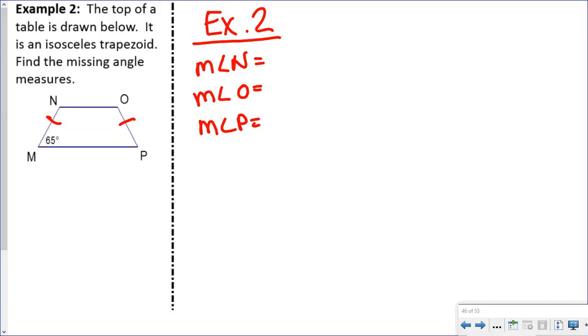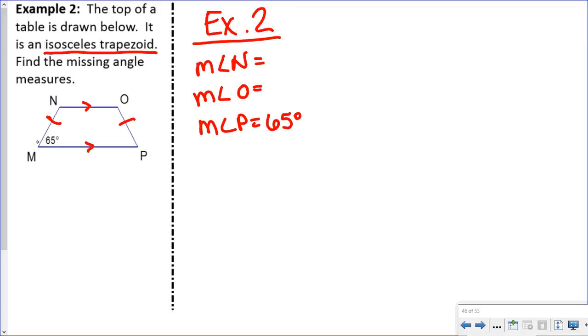Okay? So remember M and P, those are base angles because they're touching that base. So that means the measure of angle P has to be congruent to the measure of angle M, which is 65 degrees. Now remember, it is an isosceles trapezoid, so the bases are parallel. So how could you get angle N?